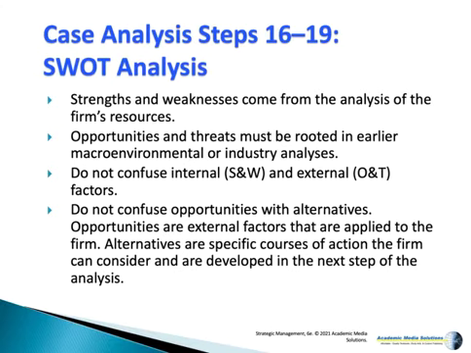Now, keep in mind the strengths and weaknesses come from the analysis of the firm's resources, and the opportunities and threats must be rooted in the earlier external environment or industry analyses. Be sure not to confuse the internal and external factors. That's the first pitfall. And especially do not confuse the opportunities with alternatives.